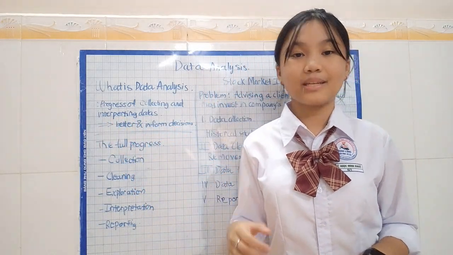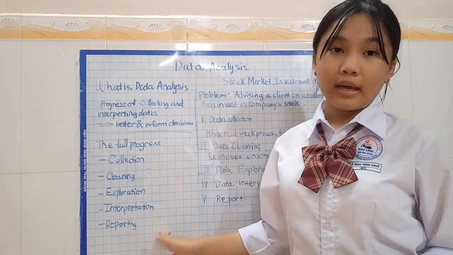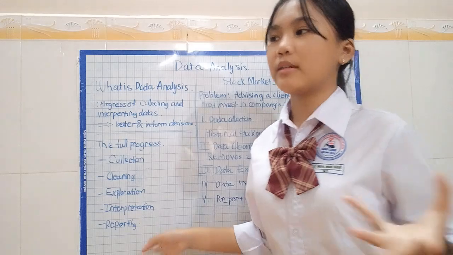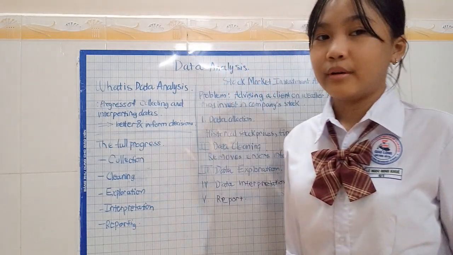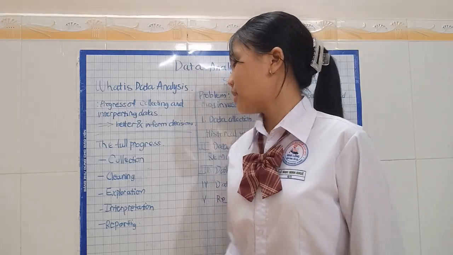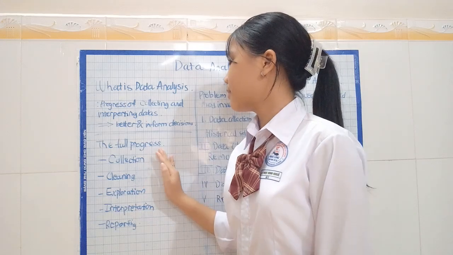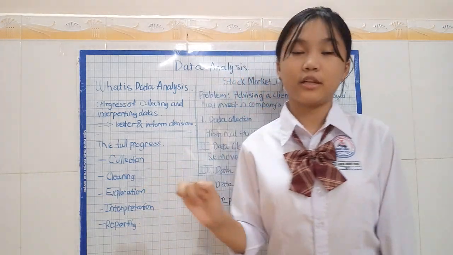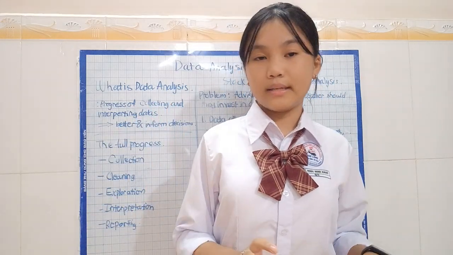So now let's look at the full process of how we actually bring data analysis into use. So how is the question here. First, let's look through our full process of 5 steps. First of all, we have collection. Collection here means to collect the raw data.